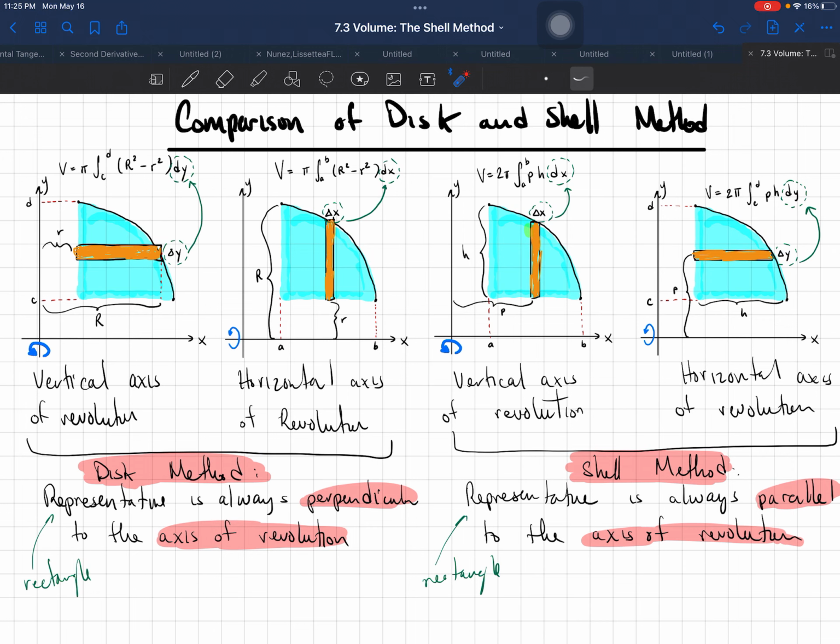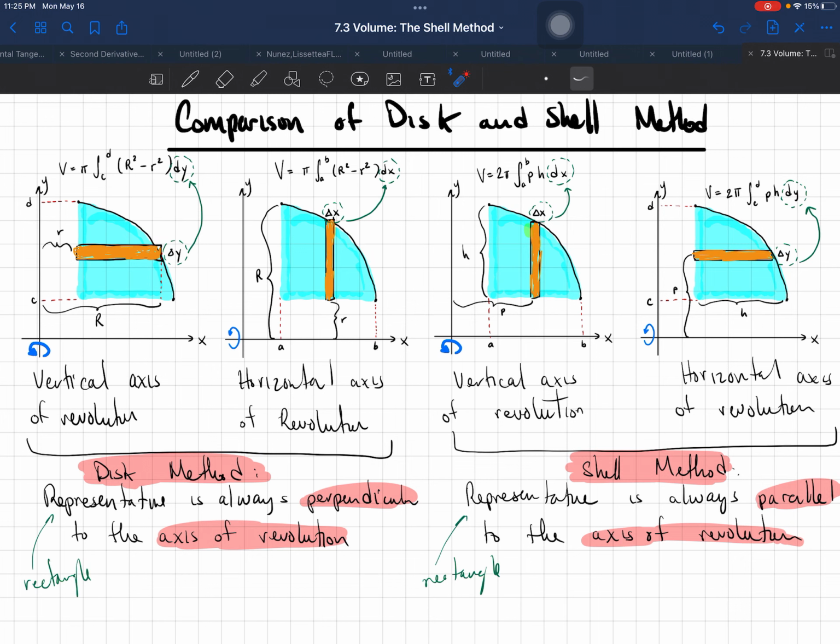Actually here, if you notice, when you're doing this method, the disk is perpendicular to the axis of rotation. Notice that disk, your respective rectangle, is perpendicular to the axis of rotation.